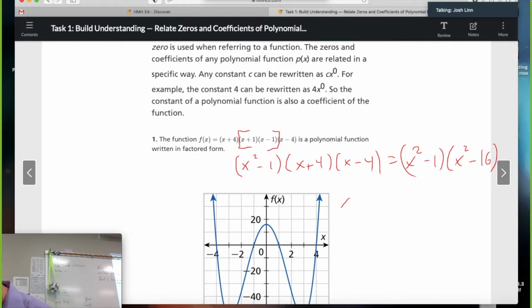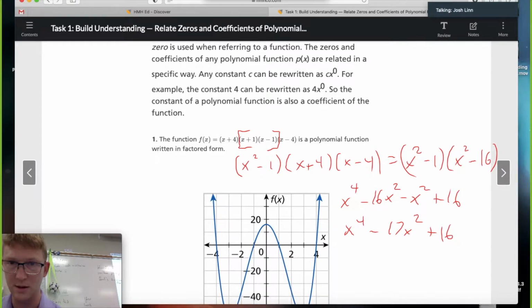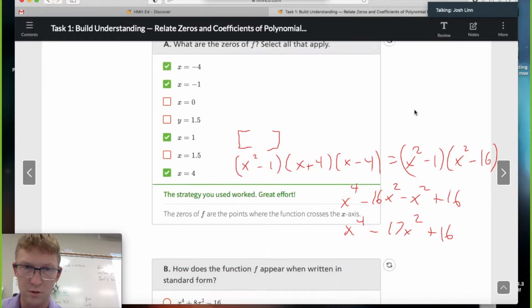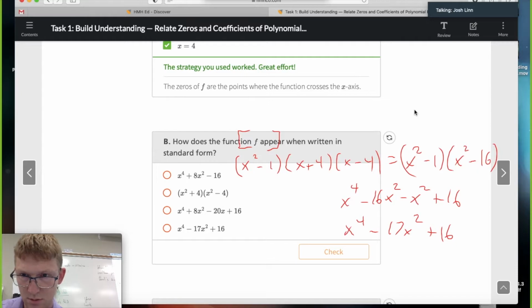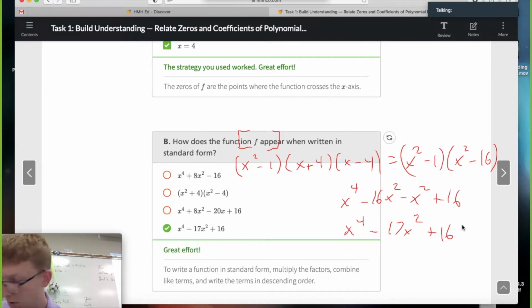We get x to the 4th minus 16x squared minus x squared plus 16. Combine like terms: x to the 4th minus 17x squared plus 16. Is that one of our options? There we go.